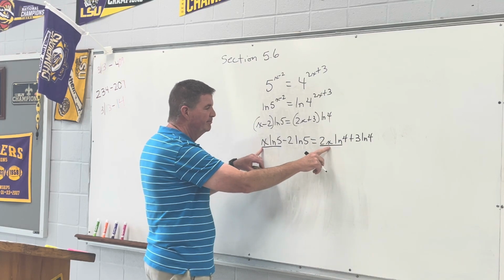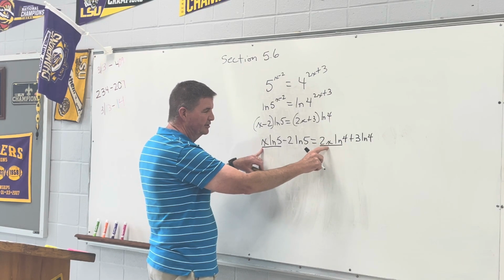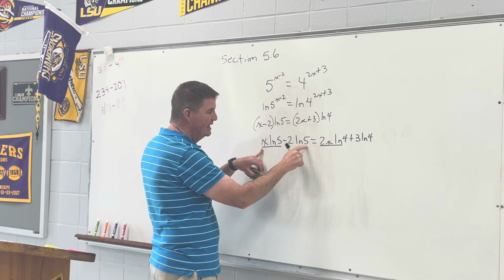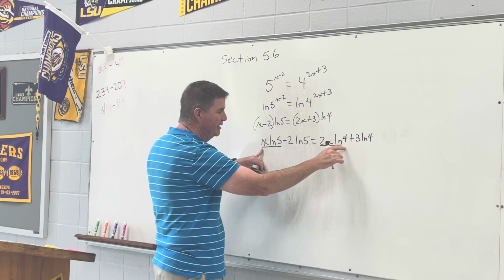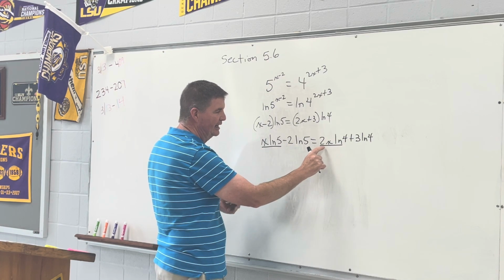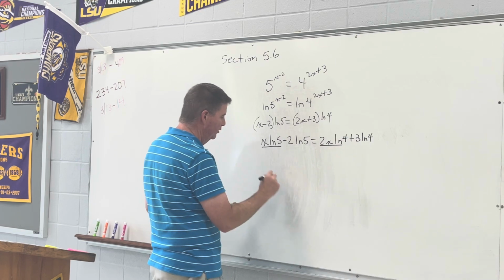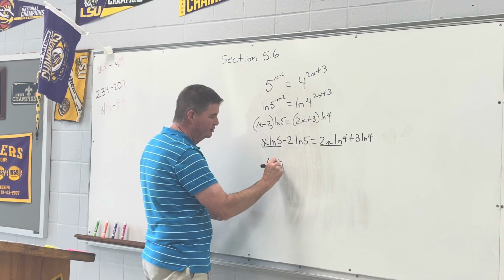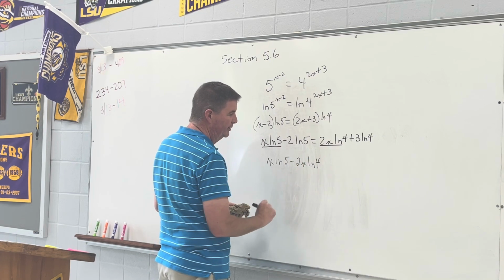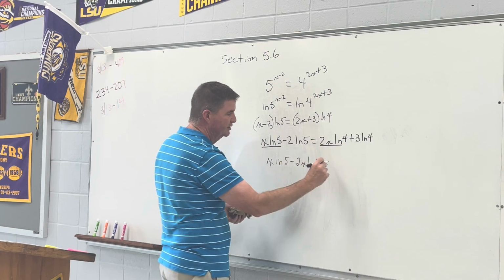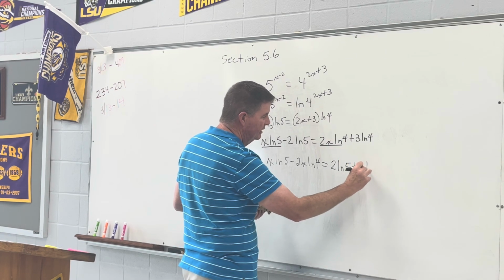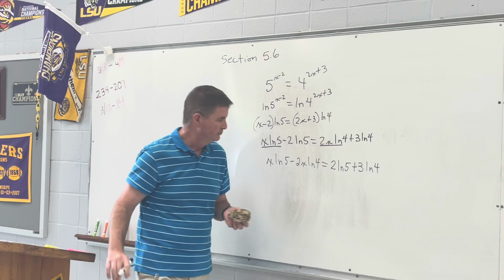So I'm going to bring both x's together. I'm going to bring the 2x natural log of 4 to the left, and this has no x, so I'm going to bring this to the right. So I'm going to add 2 natural log of 5 and subtract 2x natural log of 4. That'll give me x natural log of 5 minus 2x natural log of 4 equals 2 natural log of 5 plus 3 natural log of 4.